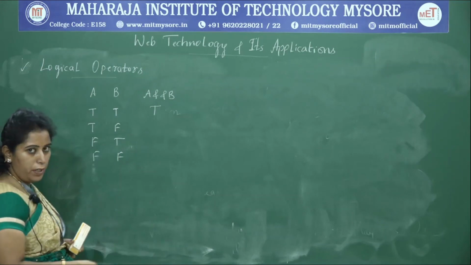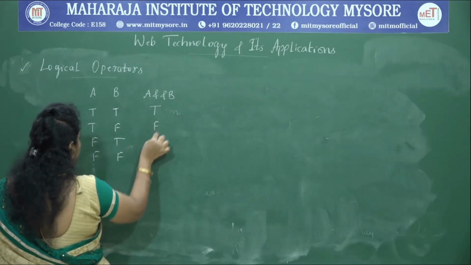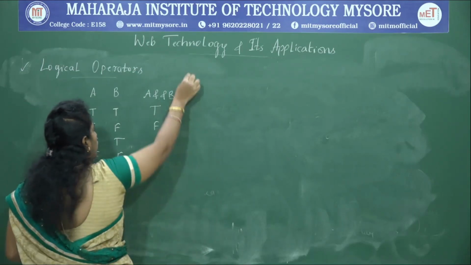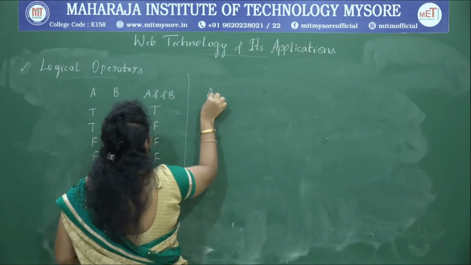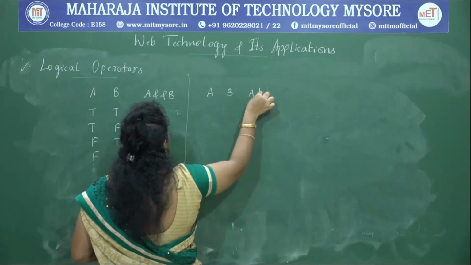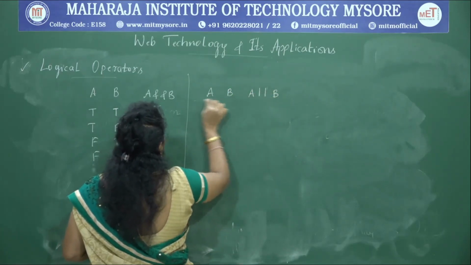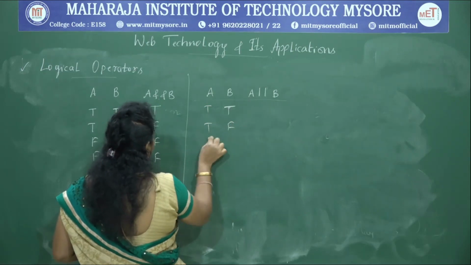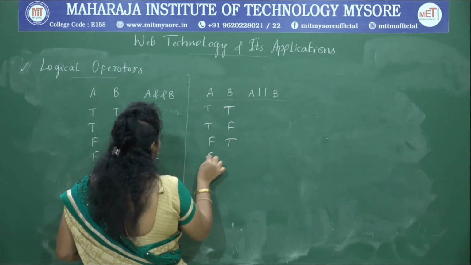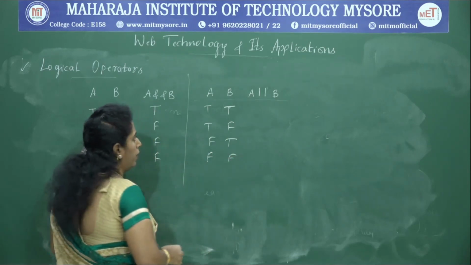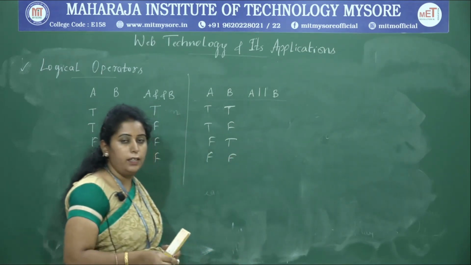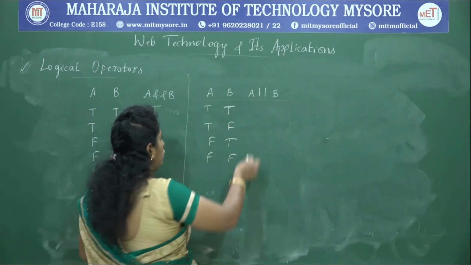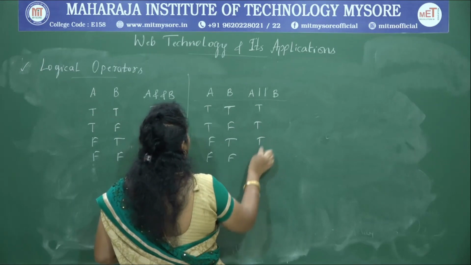If one of the operands results in false, the result is false. This is logical and. So coming to logical or. What happens here? True, true; true, false; false, true; false, false. In case of logical OR, if one of the operands returns true, then the result will be true. So it is true only.